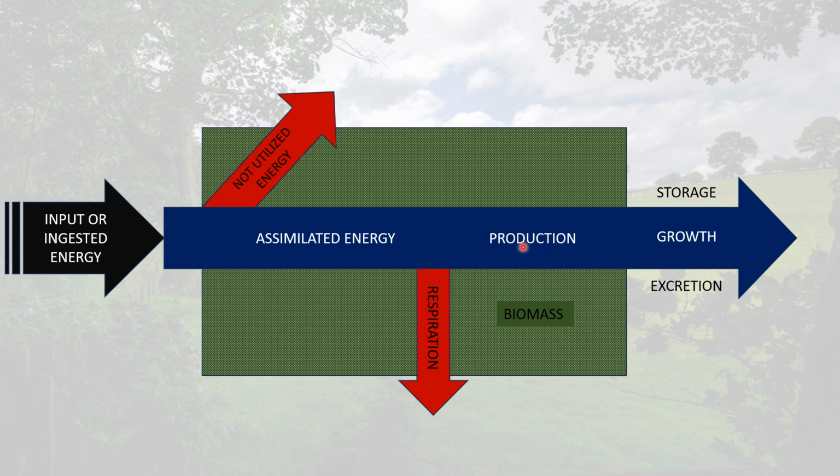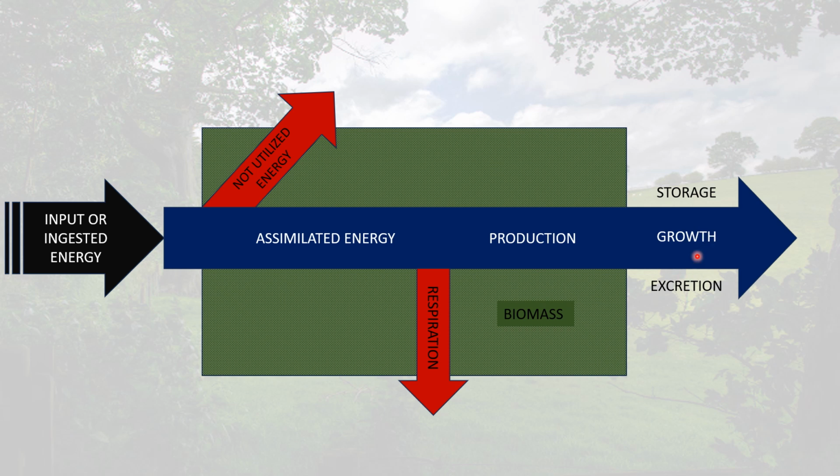So now we know that the production is the net production by the plants. This production energy can be used for three purposes: growth, storage, or excretion. Growth means addition of biomass.